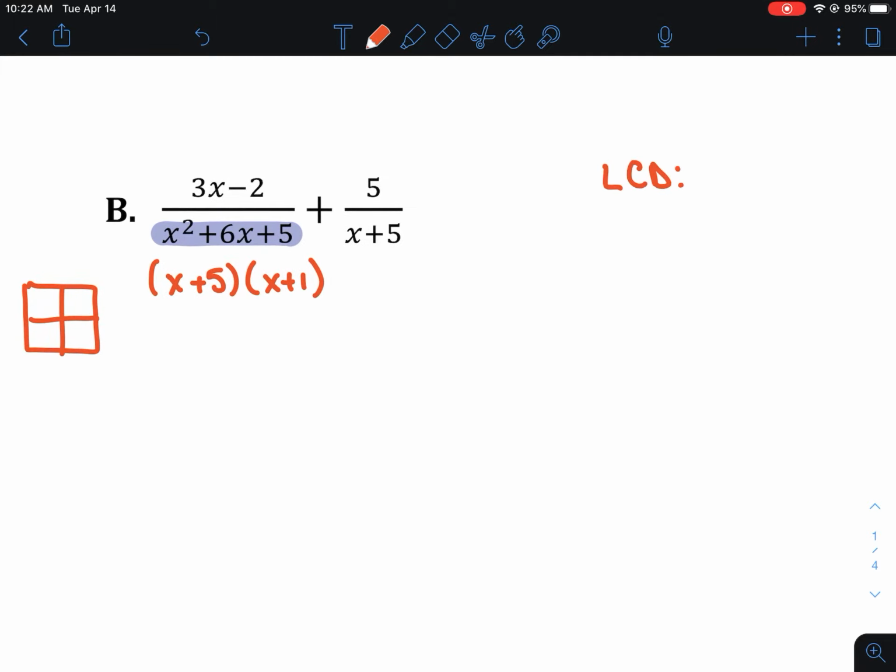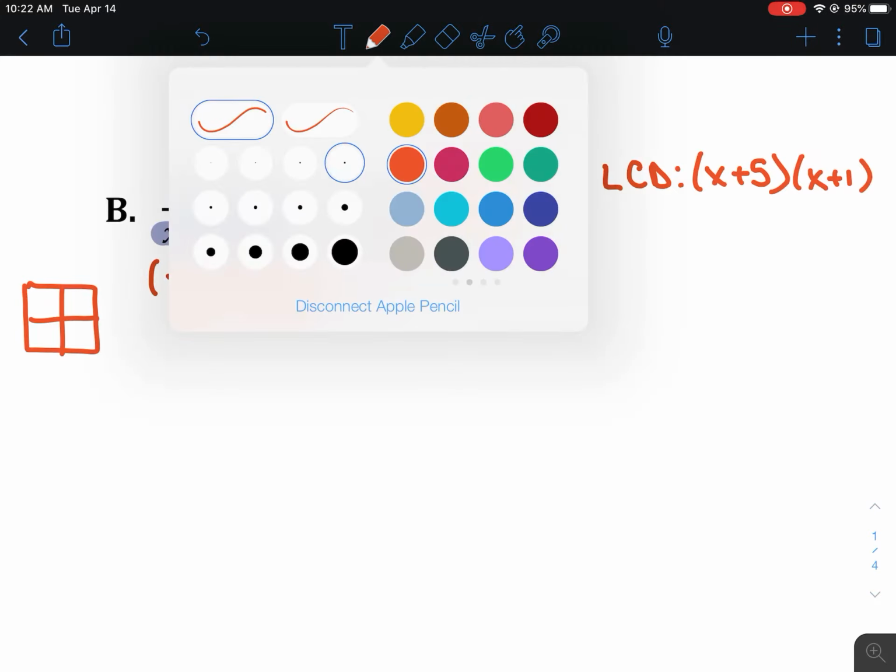So my LCD, they both already have an x plus 5, so I'm going to only list that once. And then I also need an x plus 1. So this first piece has both factors. This one only has x plus 5, so it also needs an x plus 1. Whatever I do to the bottom, I have to also do to the top.